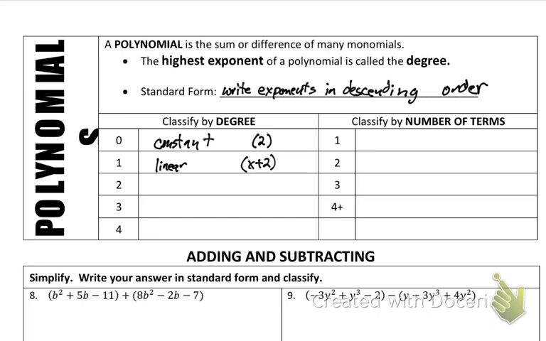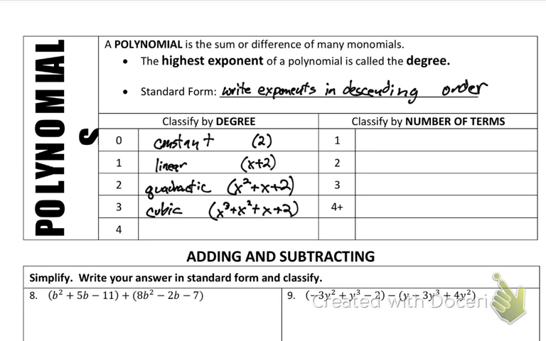Then we're going to have a quadratic, which we focus on a lot. Quadratic, if I add to this, we could go like x squared plus x plus 2. Then we have a cubic. Cubic, we're going to have maybe x cubed plus x squared plus x plus 2.